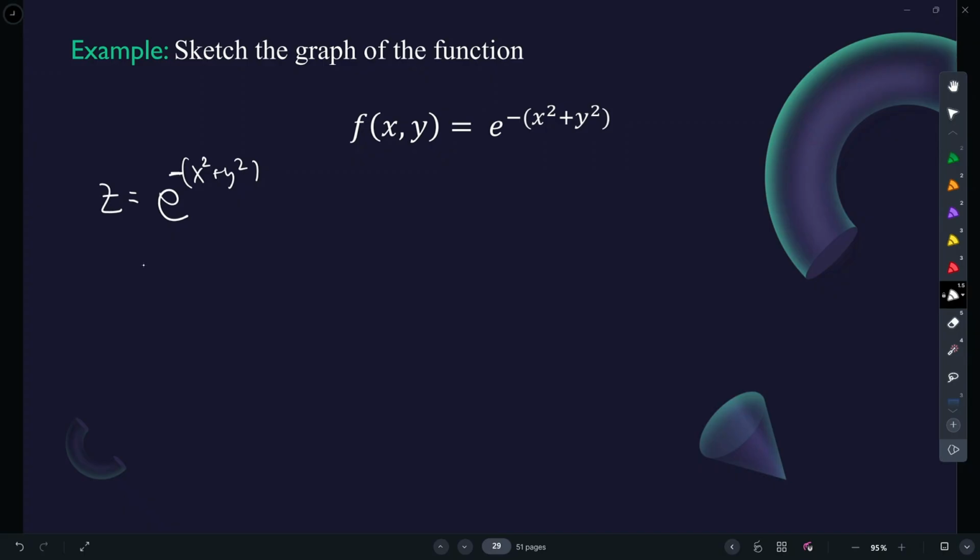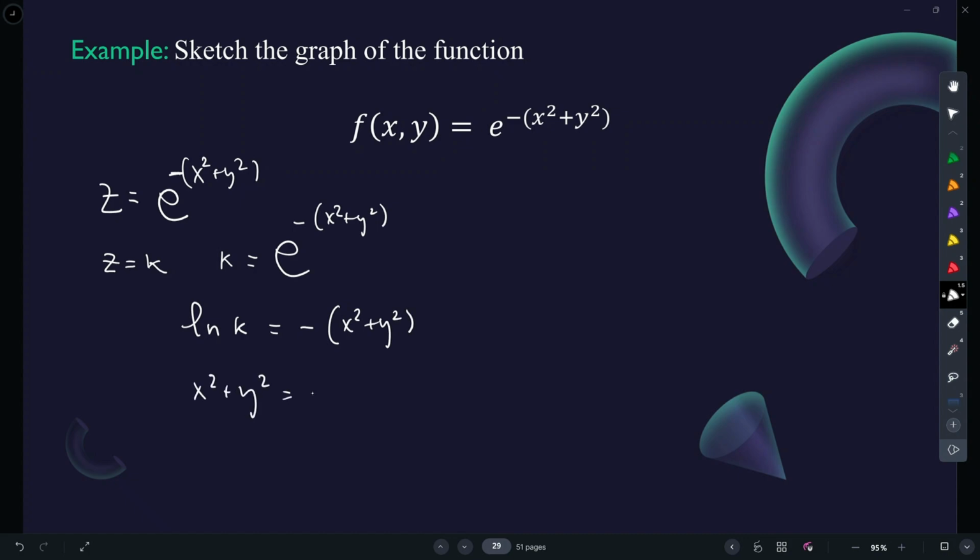I take z equals k. So k is equal to e to the minus x squared plus y squared. Let's try to get rid of the e by taking logarithms of both sides. I get logarithm of k is minus x squared plus y squared, which is x squared plus y squared equal to minus the logarithm of k.